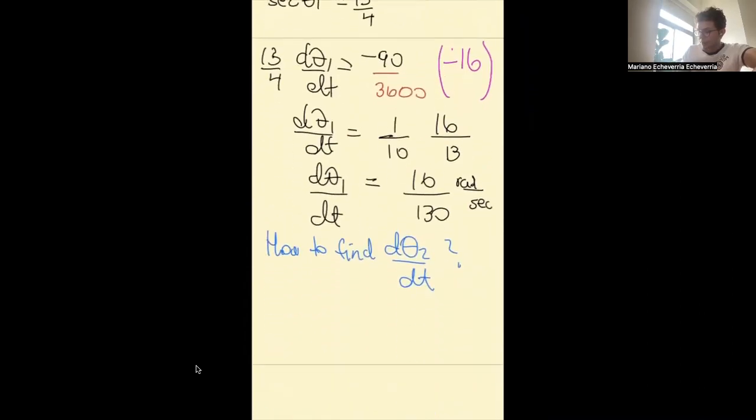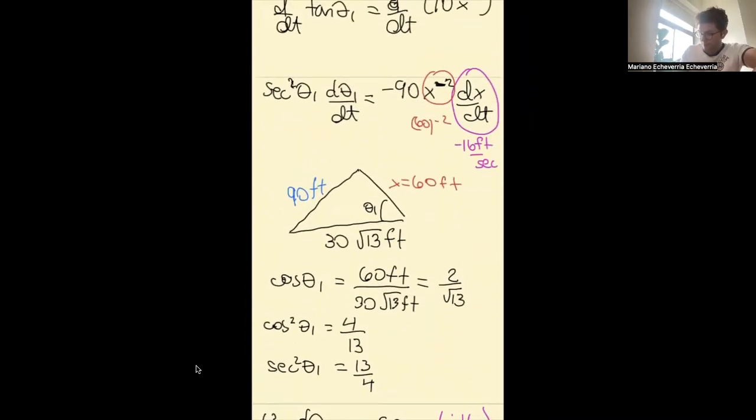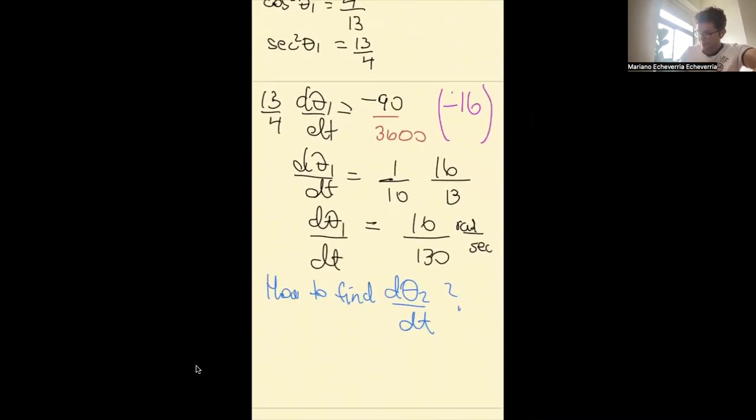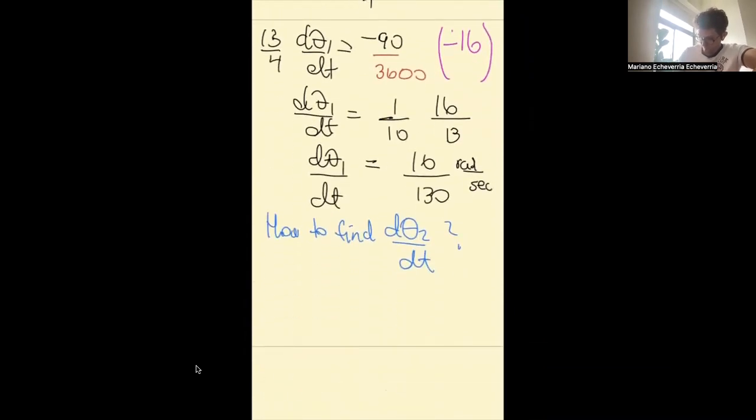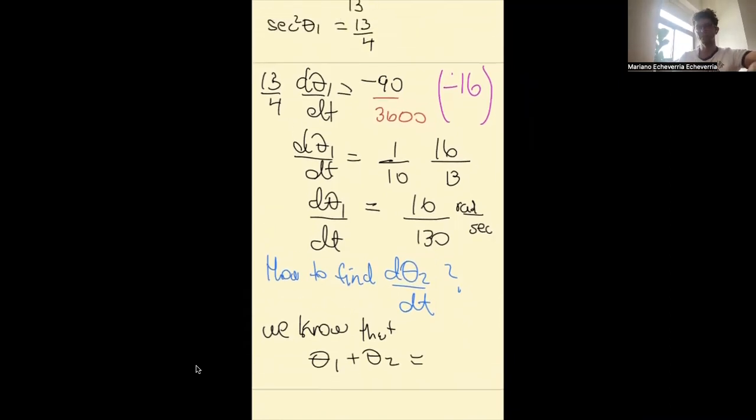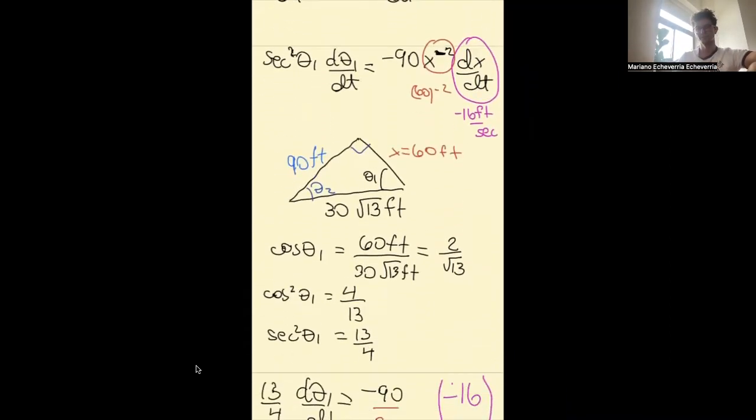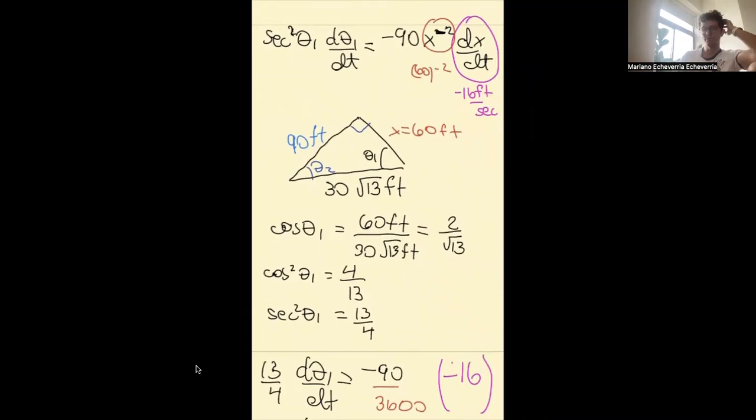There's something that you always know about theta 1 and theta 2, because here's where you have theta 2. What is theta 1 plus theta 2 equal to always? Just to go to the picture again. What is theta 2 plus theta 1 equal to?